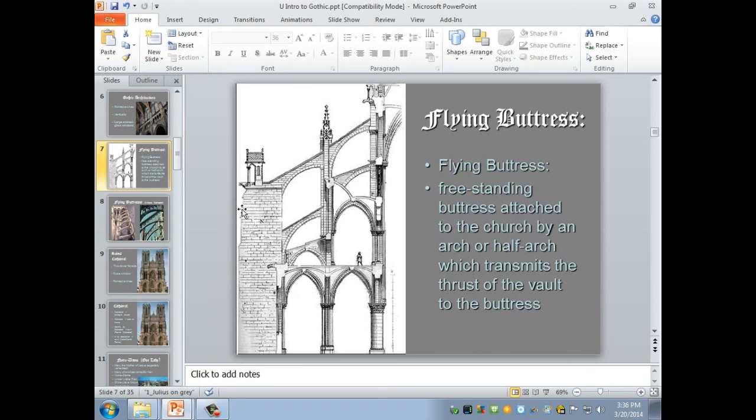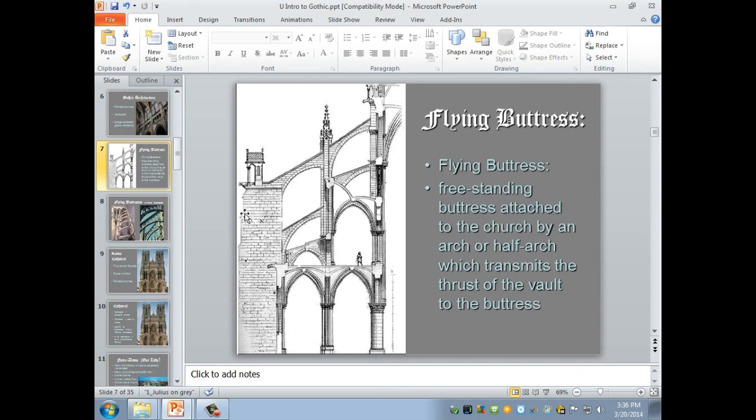Now, if you think about Romanesque churches, they generally just put the buttress right up against the wall. Think of St. Sernin in Toulouse. There are buttresses on the outside of the building, in other words, expanded masonry makes it thicker, wherever you would have the diaphragm arches or the transverse arches that would go across the nave.